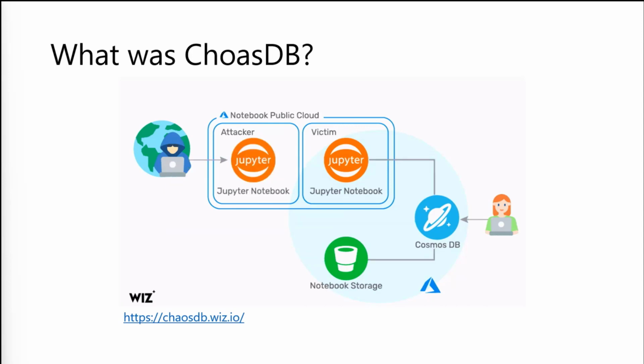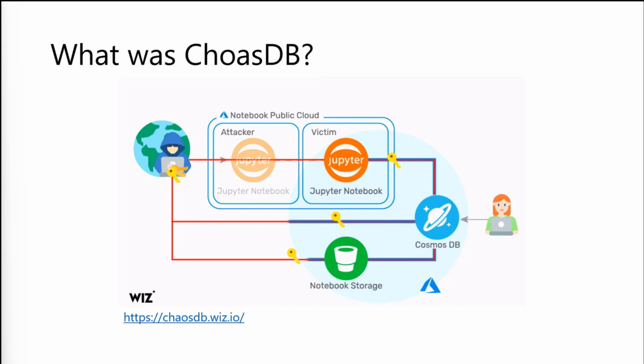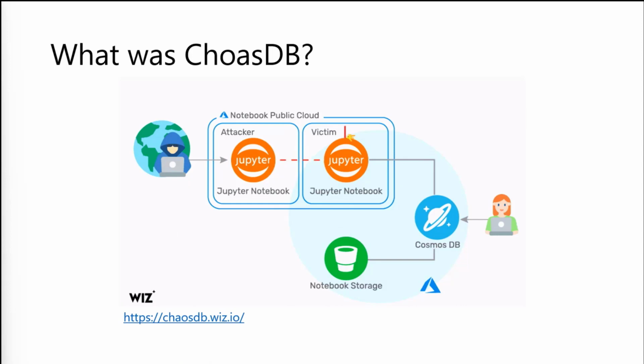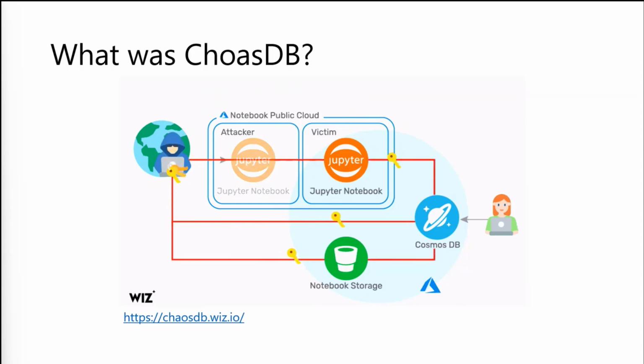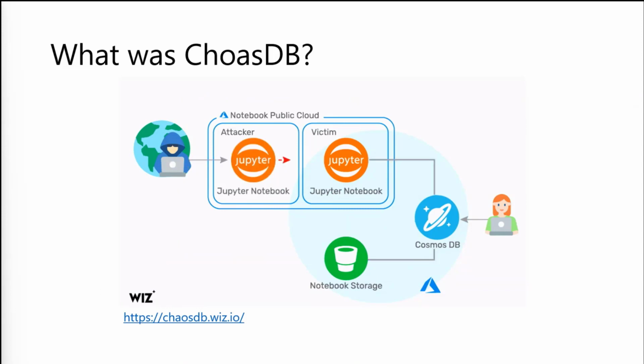Now, for those of you who know a little bit about Azure Cosmos DB, once you get the primary key, you can do a wide range of destructive acts, such as viewing, modifying, or deleting data in the Cosmos DB account. You can also use this to provision resources in Azure Cosmos DB accounts.